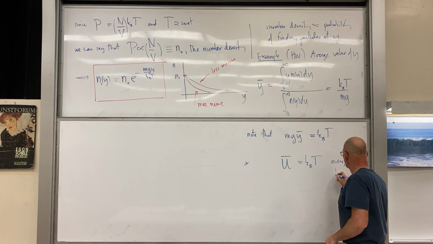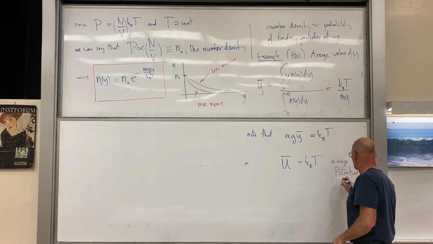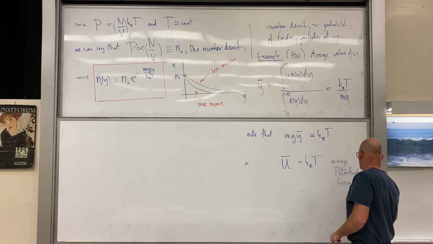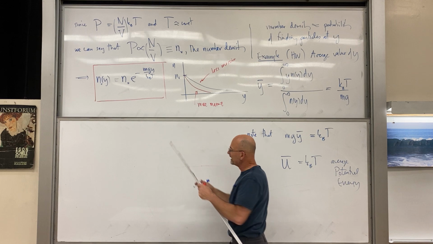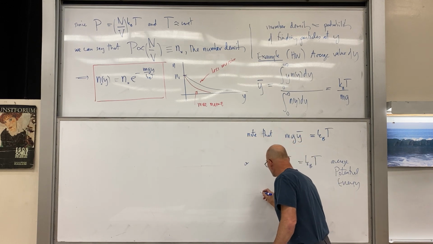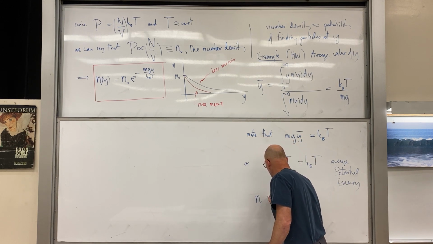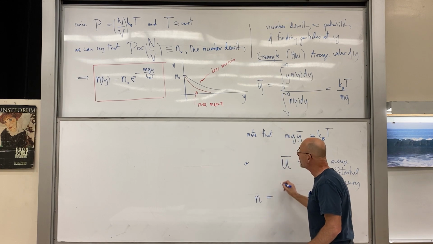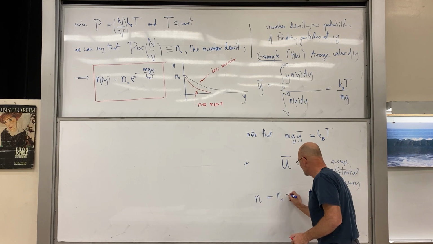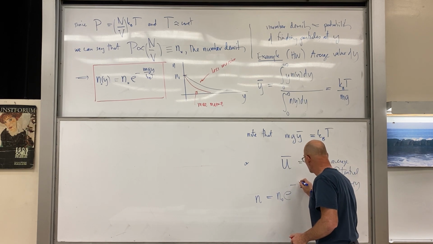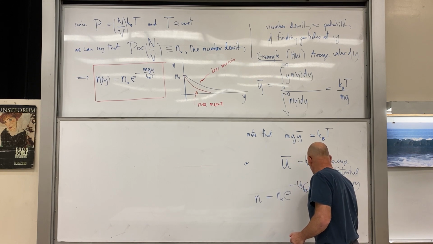Average potential energy, and we'll just reformulate this thing right here kind of loosely as n is equal to n0, which is just the proportionality constant, e to the minus u over k Boltzmann temperature.